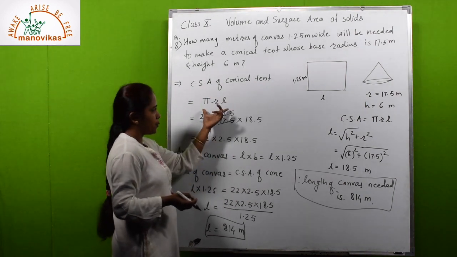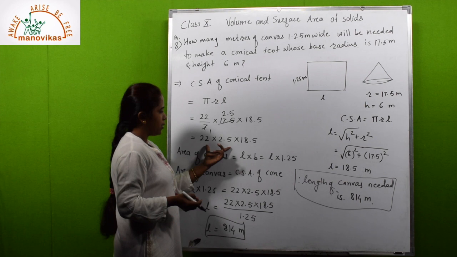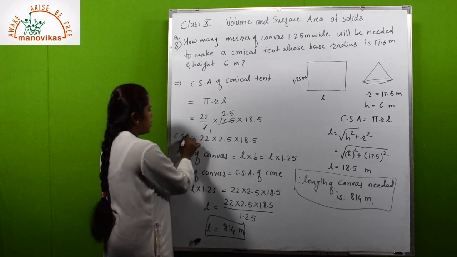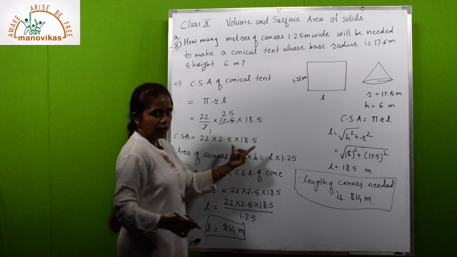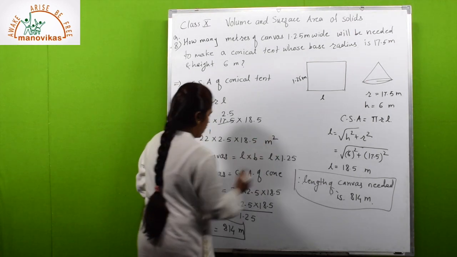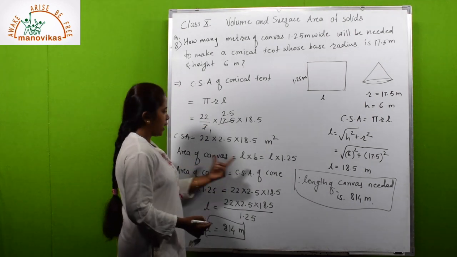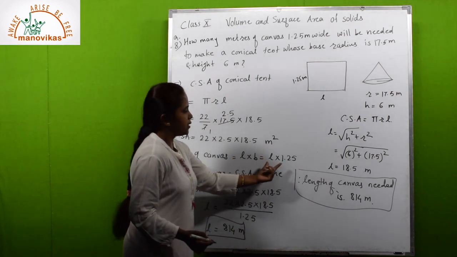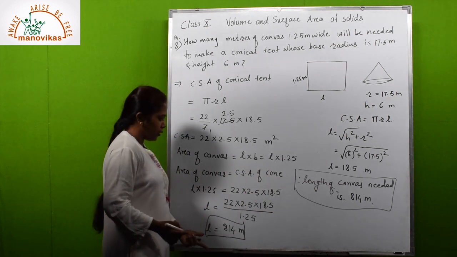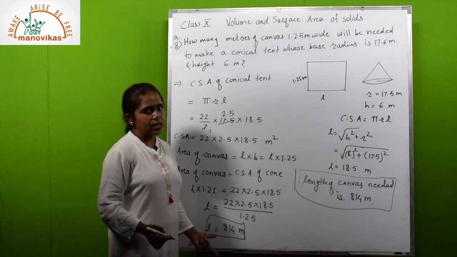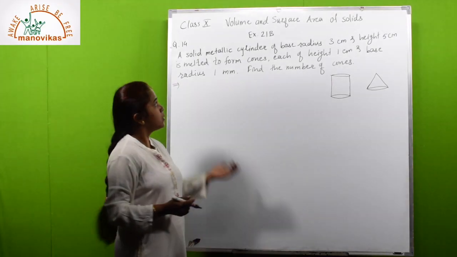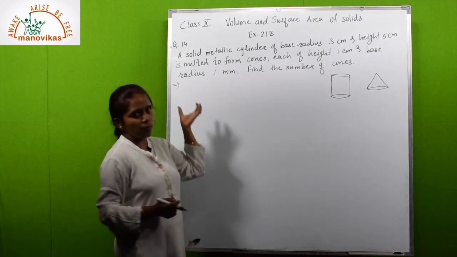Curved surface area is pi r L. So you get the value of CSA, that is 22 into 2.5 into 18.5 meter square, and here the area of canvas will be L into B, that is L into 1.25. Both are equal, so compare that, and you will get the length of canvas as 814.